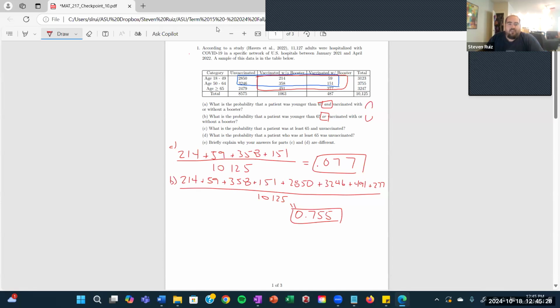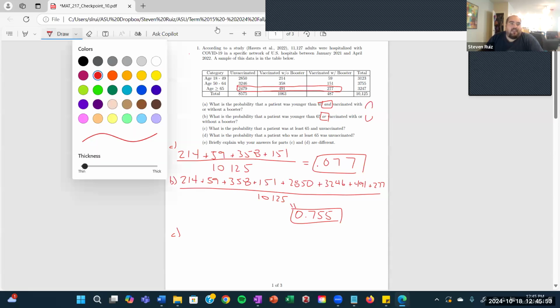Part C, what's the probability that a patient was at least 65 and unvaccinated? So I'm going to go ahead and clear the deck here because I'm not dealing with the same sets anymore. We've got two sets again. Let's identify them separately. At least 65, it's just this row. And unvaccinated.